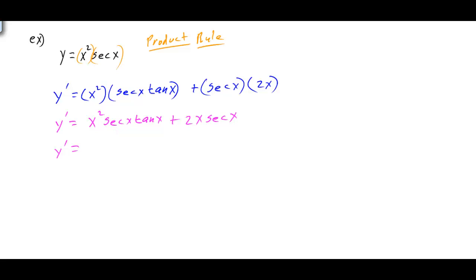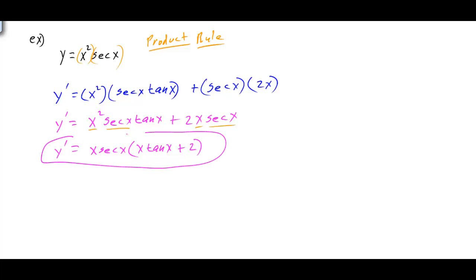We also have a secant x and a secant x, so we're able to factor out an x secant x. If we take out one of the x's, we're left with x and the tangent of x. Plus, if we take out the x secant x here, we're just left with the plus 2. So here we have the derivative: x secant x times x tangent x plus 2.